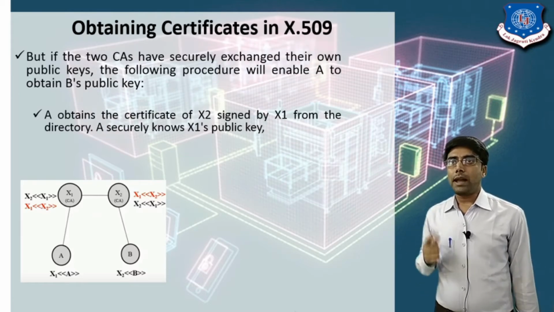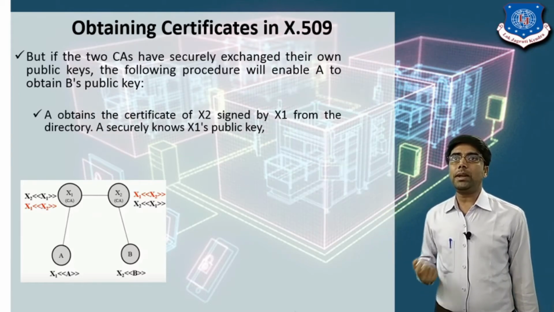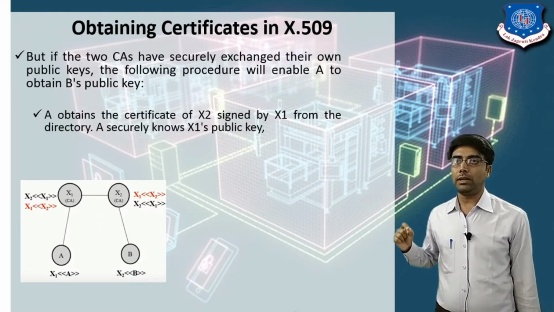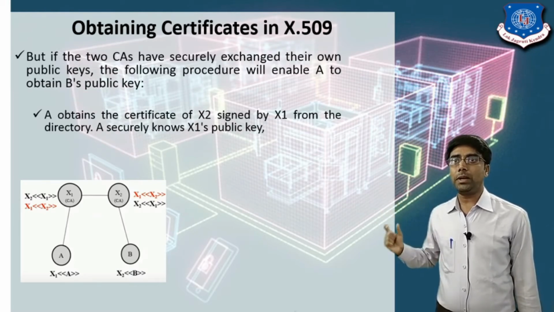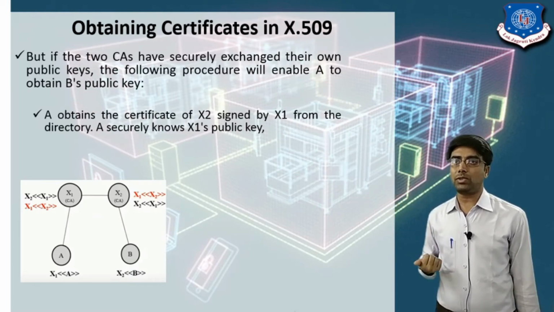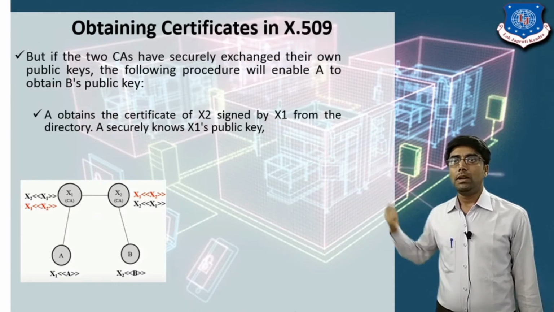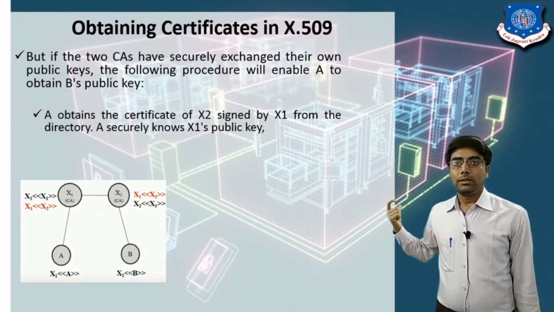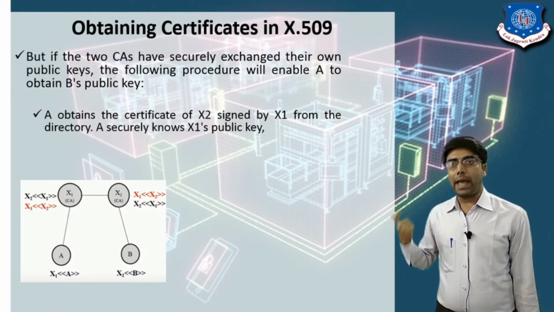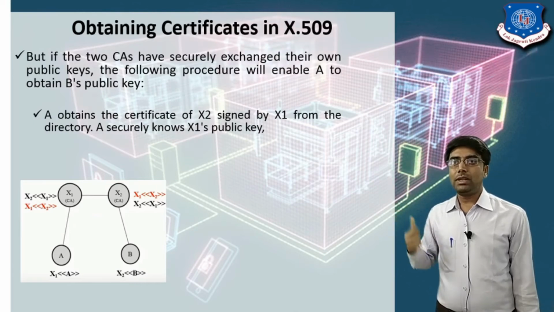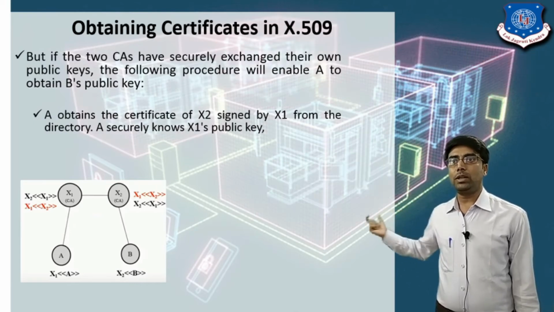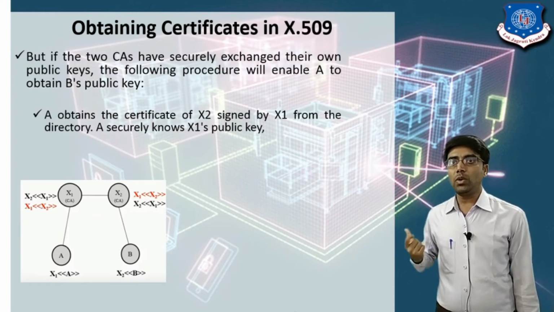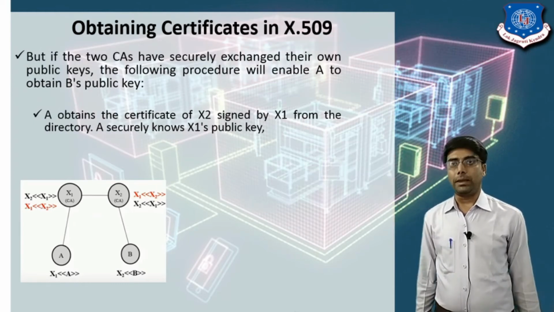Now here I mentioned that A obtained the certificate of X2 signed by X1 from the directory, and A securely knows X1's public key. User A already communicates with X1. Now X1 will generate the certificate and send it to user A. Now the user knows X1's public key.